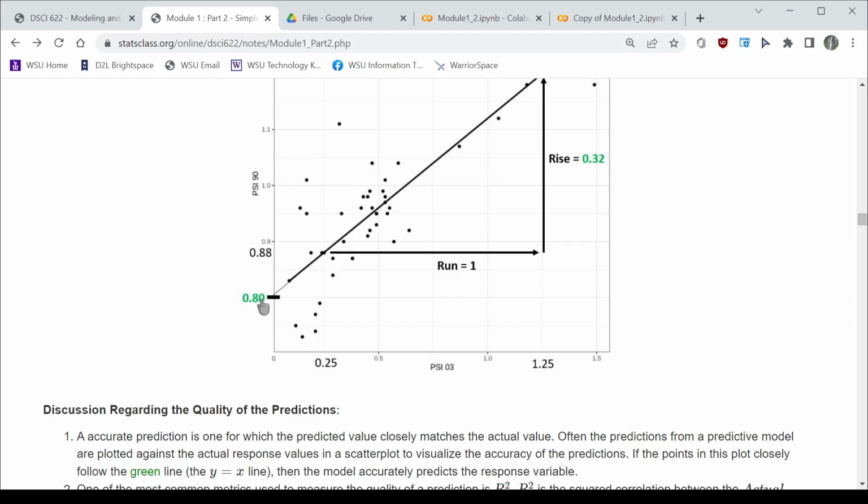So again, the 0.80 is the y-intercept, and that is where the PSI90 value would be if the PSI03 rate were 0. Now we do have to be careful in interpreting that, because we need to ask ourselves, is it reasonable to have a PSI03 value near 0 or at 0? I mean, that is the optimal goal there, but it looks like the lowest out of all the hospitals in Minnesota is about 0.15 or so.